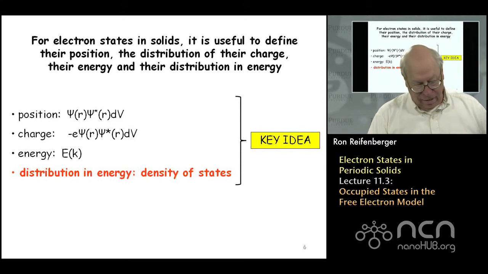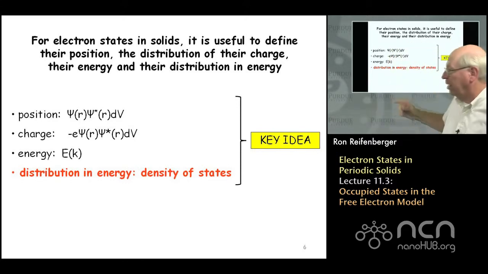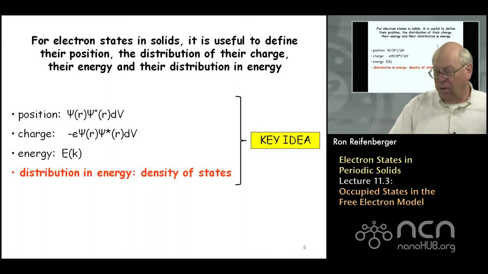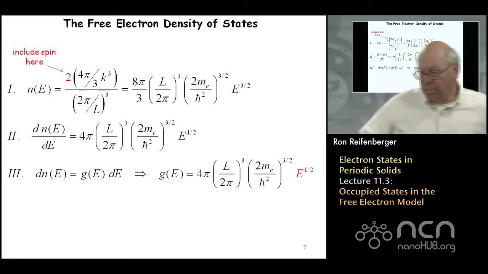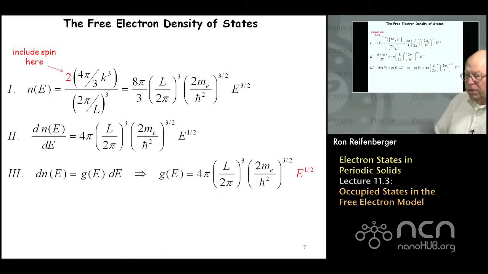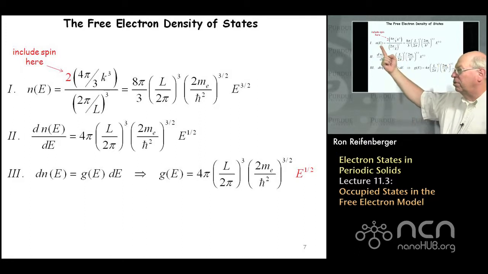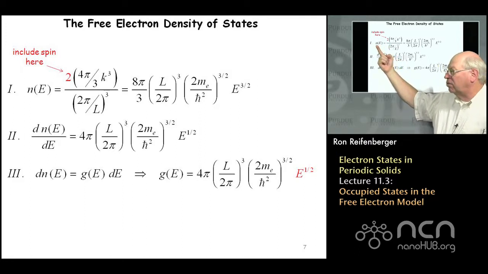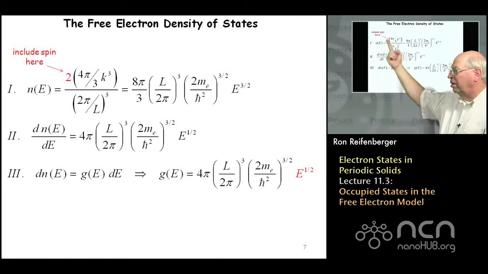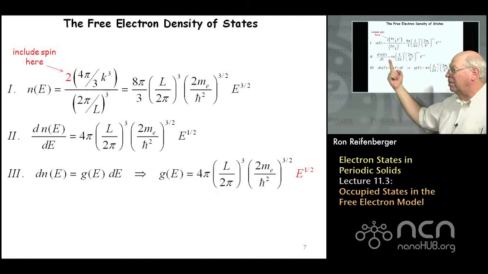And so now what we'd like to do is actually calculate the free electron density of states from what we've already derived. That discussion is pretty simple, because the first thing we need to do is calculate the total number of electrons as a function of energy. Using our very simple argument that we've just outlined, we've got a general expression for the number of electrons as a function of energy E. We can then take the derivative of that with respect to energy.